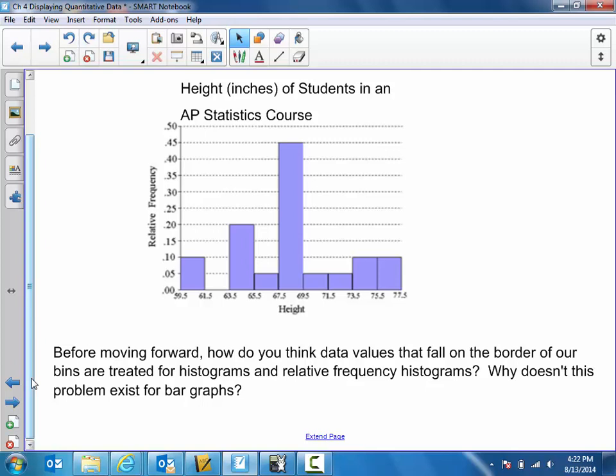Well, what I'm referring to in that first question is what do you do in the case that you have someone whose data would be 65.5 inches tall? Because as you notice, when you don't have gaps between the bins, suddenly you've got what could be a problem of someone who is 65.5 inches tall falling into either this bin or this bin.